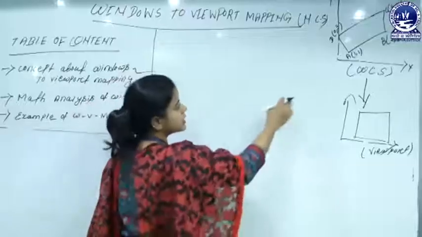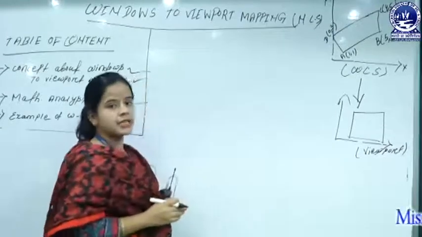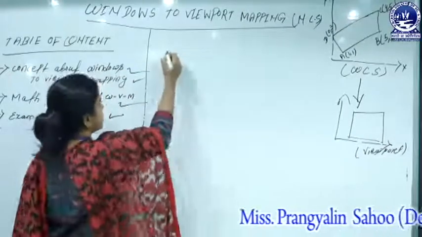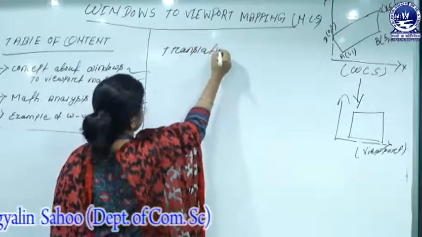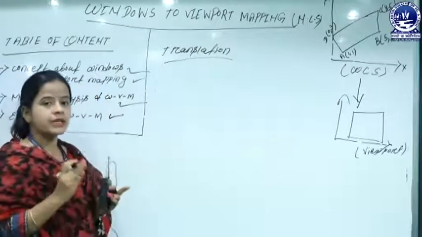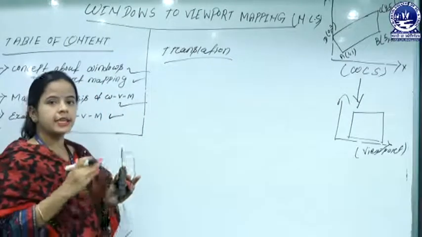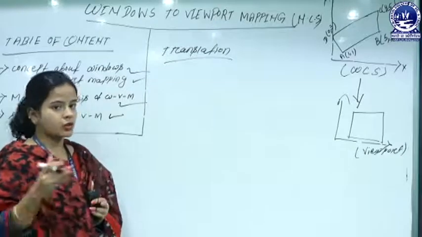Now converting this world coordinate system into the format of the viewport by using the first concept, that's your translation. As we know, in case of translation, whatever object you have created, that object is movable, changing its place from one to another.